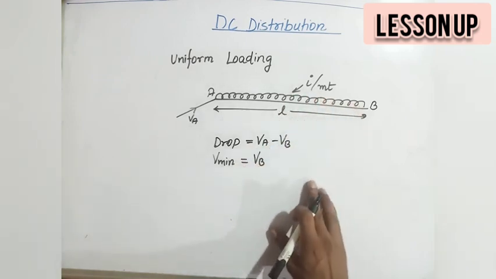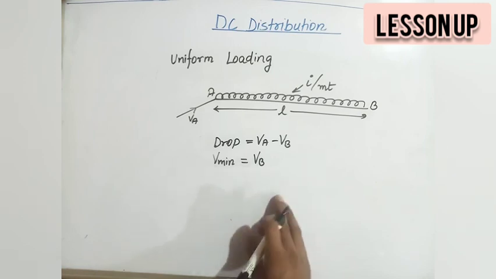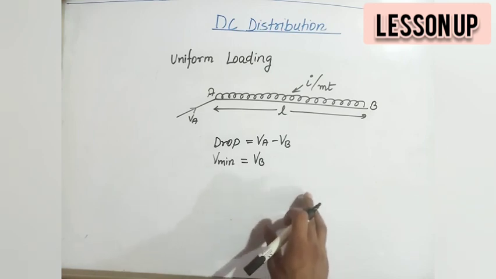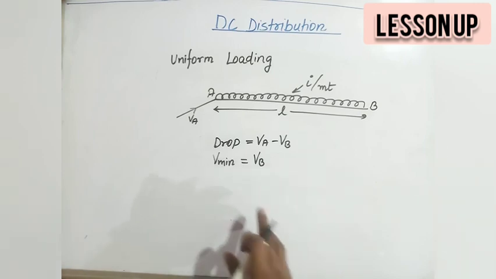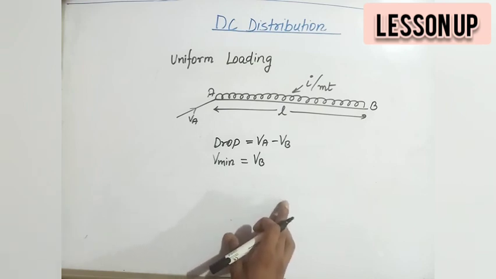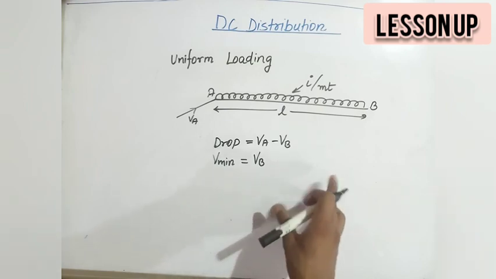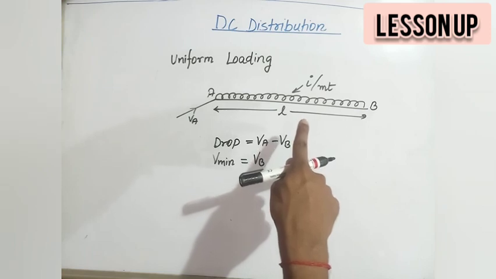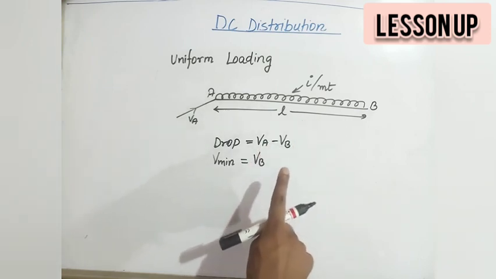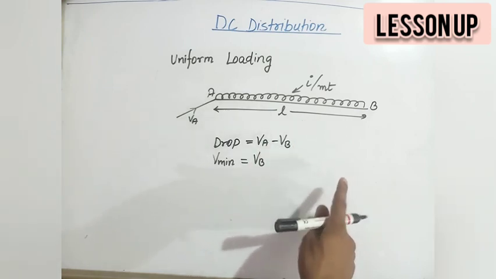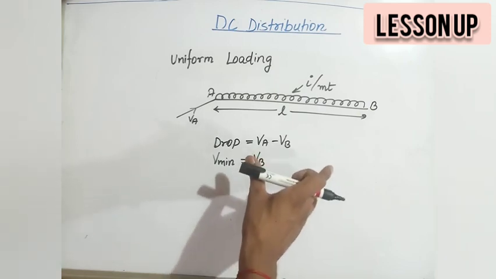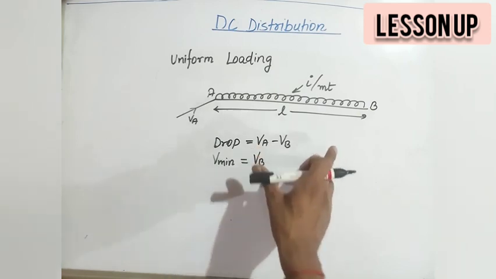We also know that resistance is also a function of distance. Because the current and resistance are both functions of distance, the drop can be calculated as a function of distance.